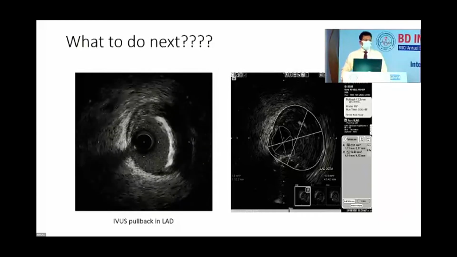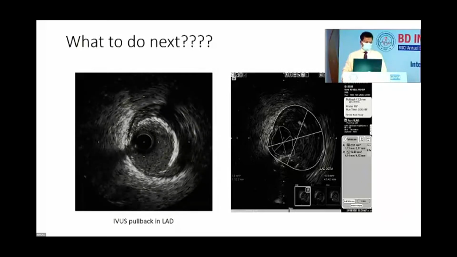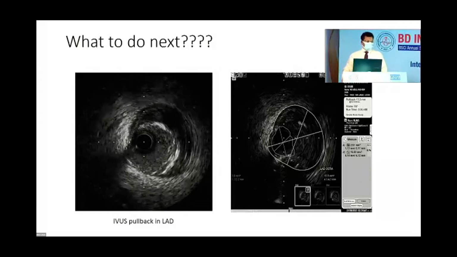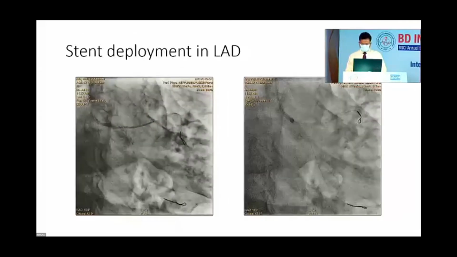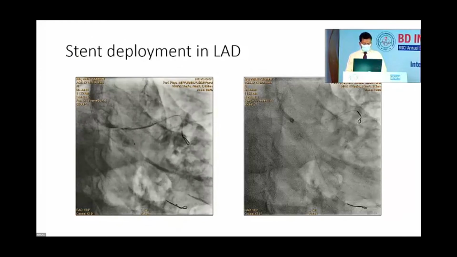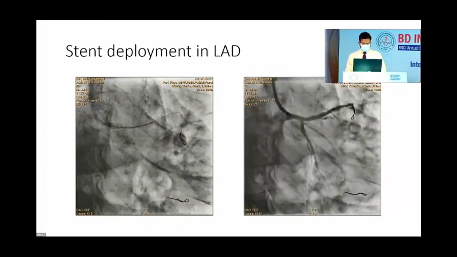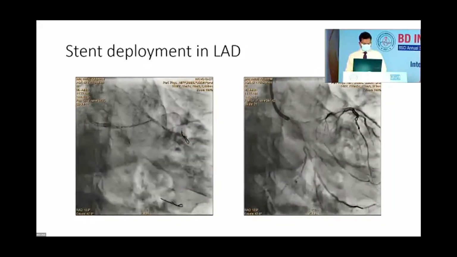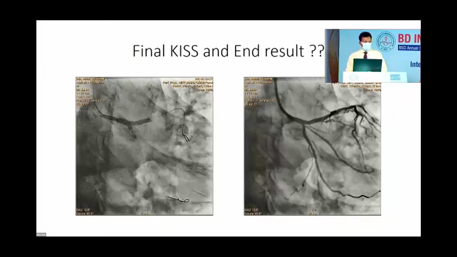And so I plan to do something for LAD. Because I have given one stent from LM to LCX, I thought to give another stent in the fashion of inverse T-stenting to the LAD. And stent deployment in LAD. This is the result after stent deployment in the LAD, and KBI is done.